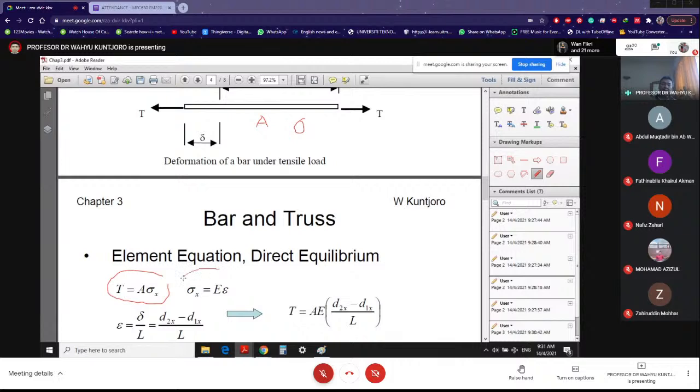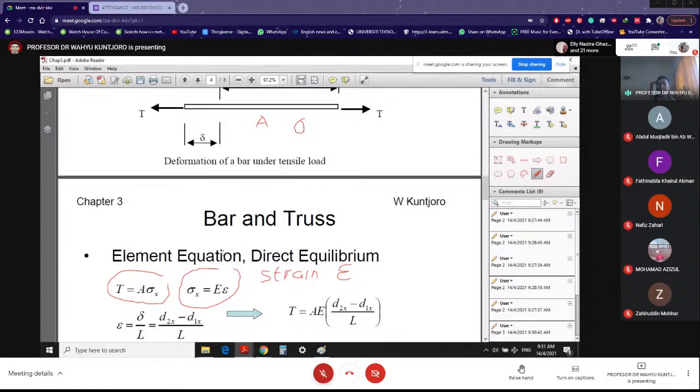And from material, you understand that the stress is equal to the modulus of elasticity E multiplied by the strain, where epsilon is the strain. This is Hooke's law, by the way, which says that stress equals E multiplied by epsilon.